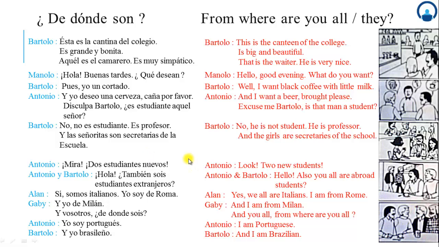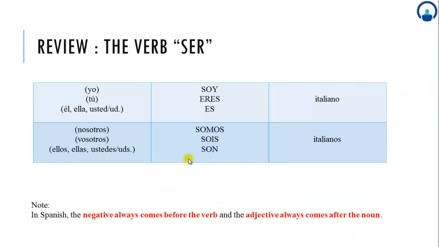Now that we have seen the conversation, let's move ahead and review the verb ser one more time. As I said, this is the most important basic grammar you have to learn. So let's revise it one more time.